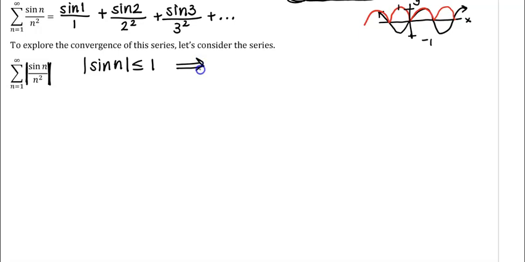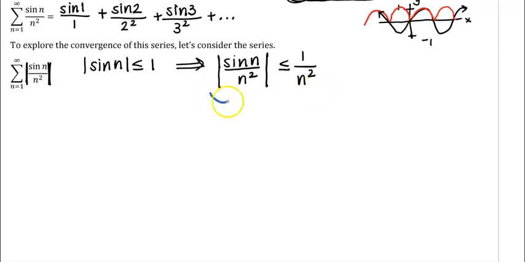With that known, I can divide both sides of this inequality by n squared. We're allowed to do that without changing the direction of the inequality because n squared is positive.